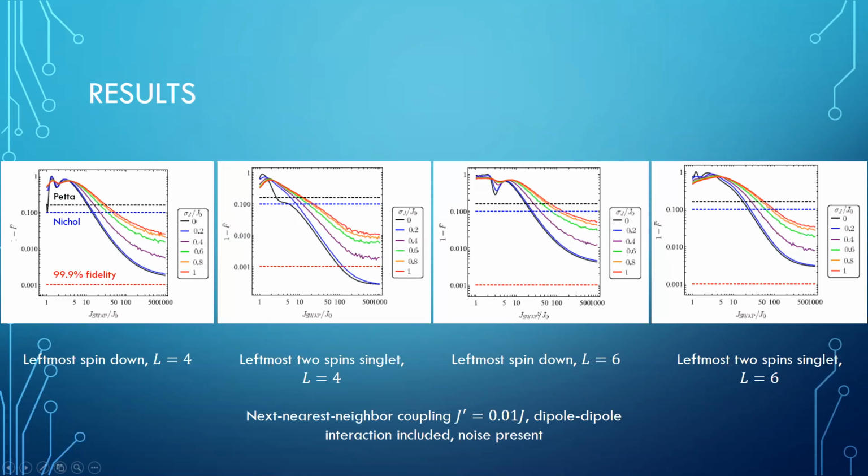Okay. Have you looked at changing J prime and seeing if there's a relationship between J prime and the value at which it saturates? No, we didn't look at that. We just looked at 1% of the nearest neighbor coupling. I would imagine that would have effects.